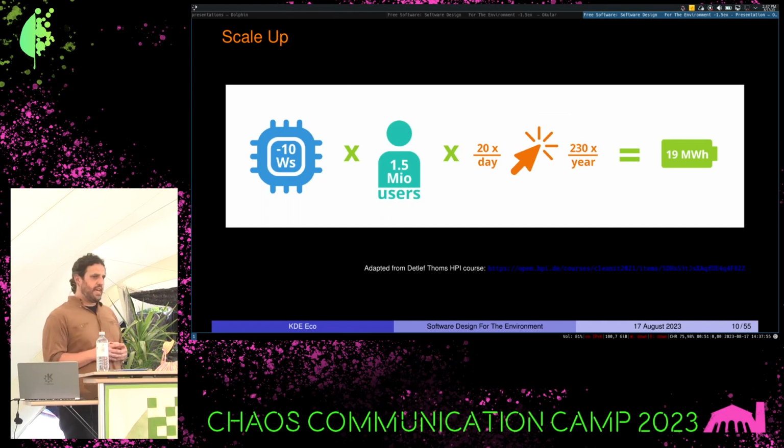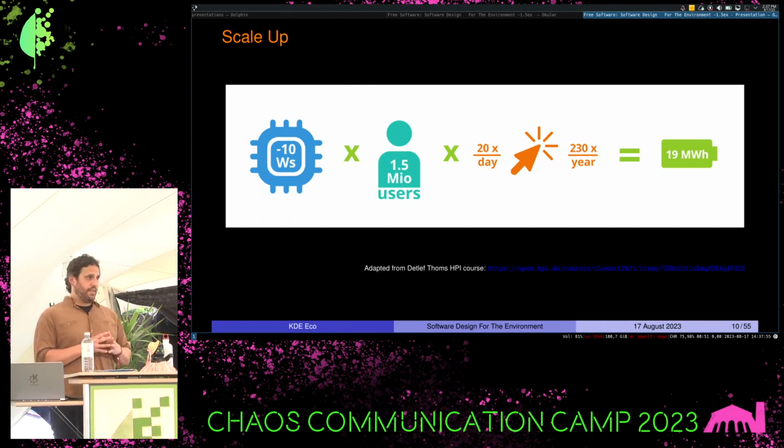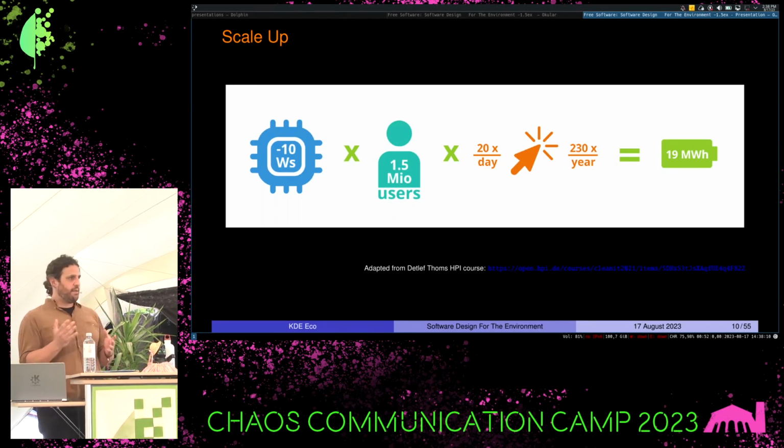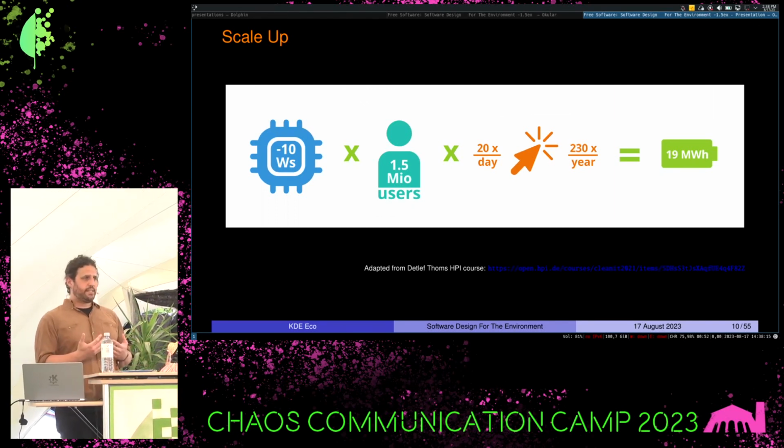And if you multiply that by 1.5 million users, now that's not very many users, and you assume that there are 20 such reductions a day, so this reduction in the CPU usage happens 20 times a day, and you multiply that by 230 working days a year, you end up with 19 megawatt hours of savings.